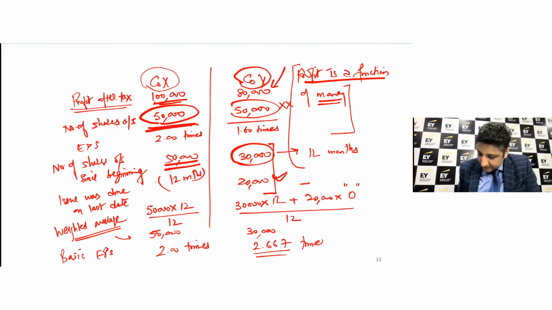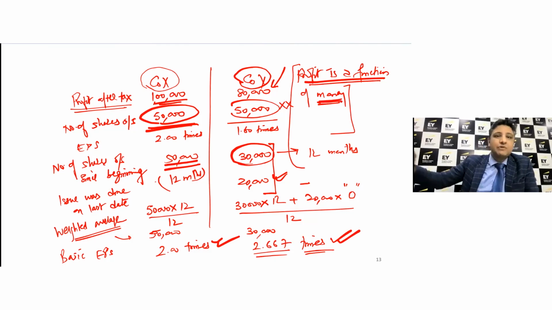This is 2.667 times, which means that company Y has performed better as compared to company X. The return per share, the earnings per share of company Y is higher when compared to the earning per share from company X, right? Fundamental aspect, profit is a function of money. You always want to remember that as a concept, okay? Not relevant from an examination standpoint, but certainly relevant from an understanding standpoint for sure, okay?